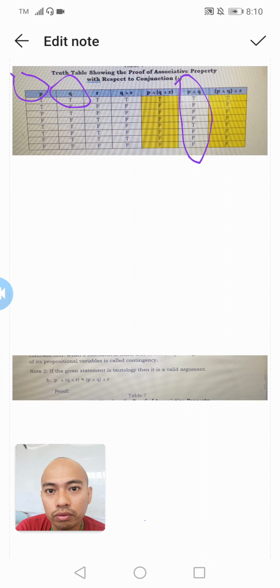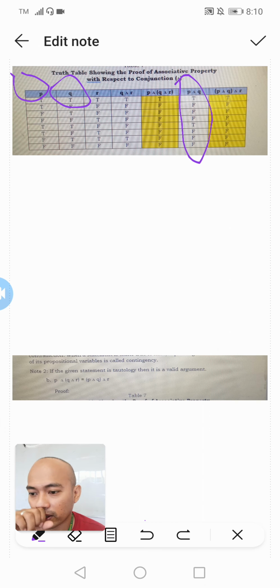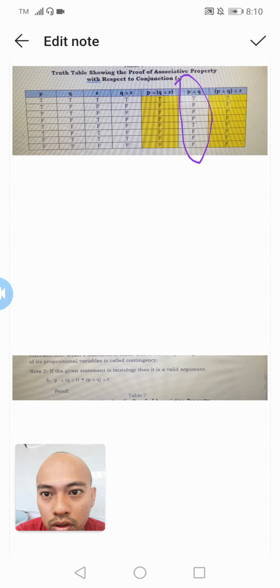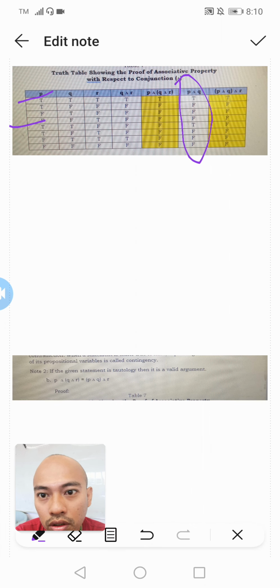Okay? So again, we are talking about conjunction, so, sorry, both of these statements should be true. So sino lang yung true? True, ano pa? Yung true dito, wala na.